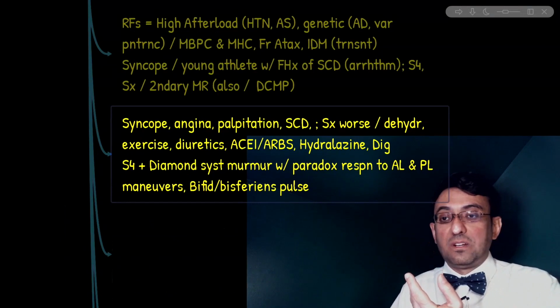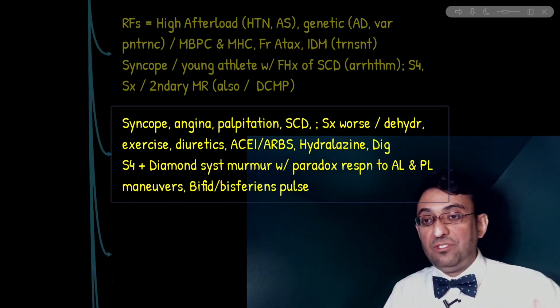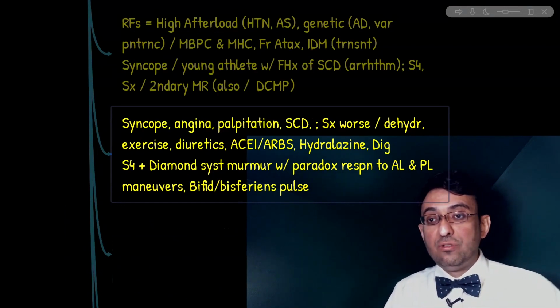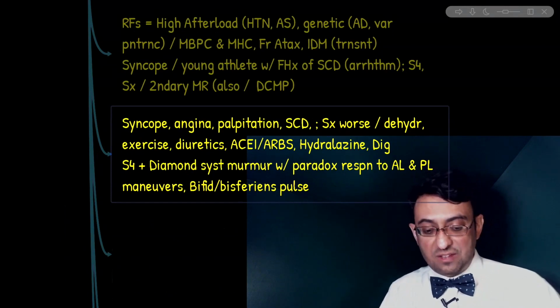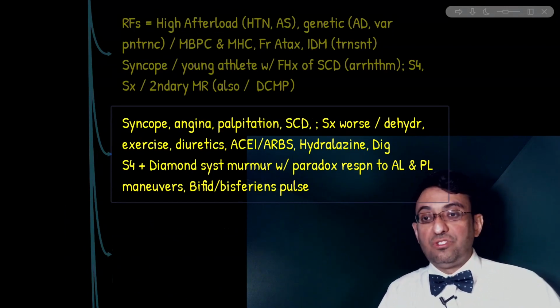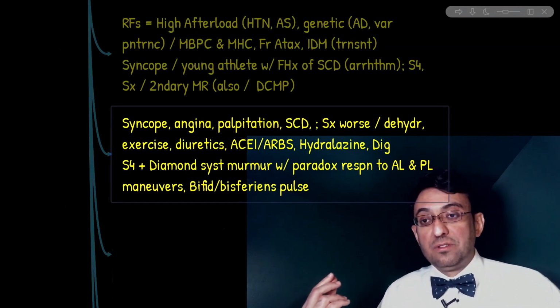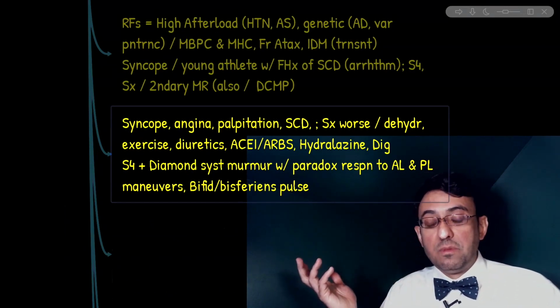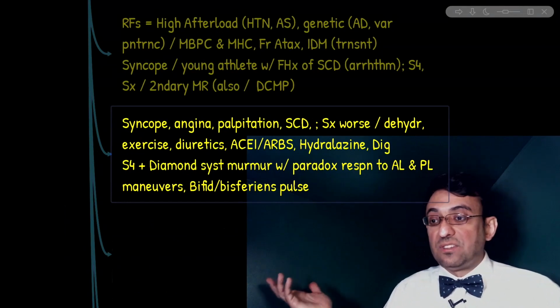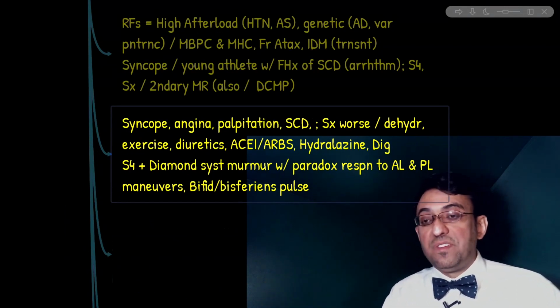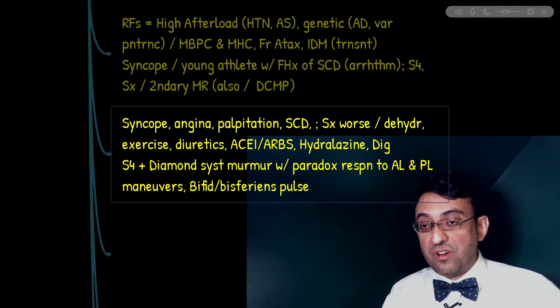Second is because increased inotropy reduces total peripheral resistance by means of reducing sympathetic tone. In other words, it drops afterload and worsens the murmur. Exercise has the same effect, and that's why vigorous exercise is also contraindicated.